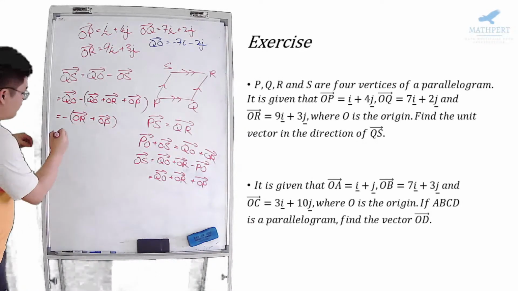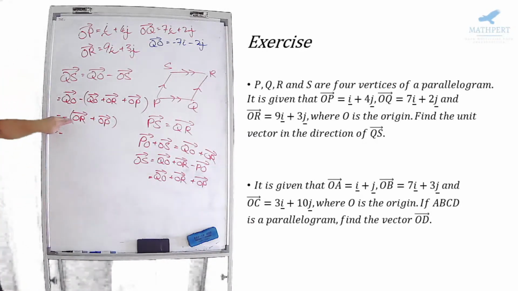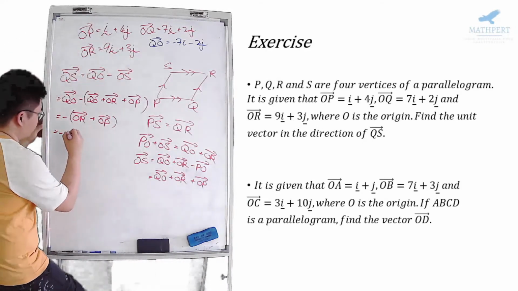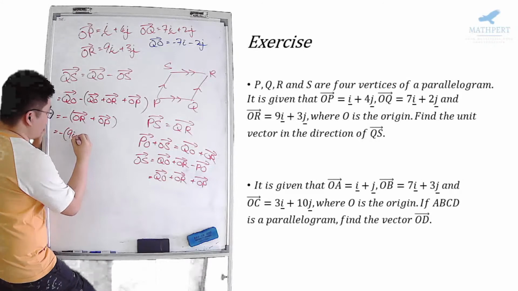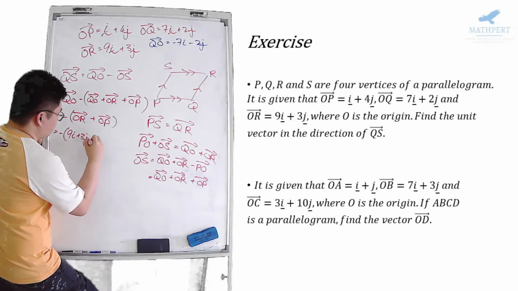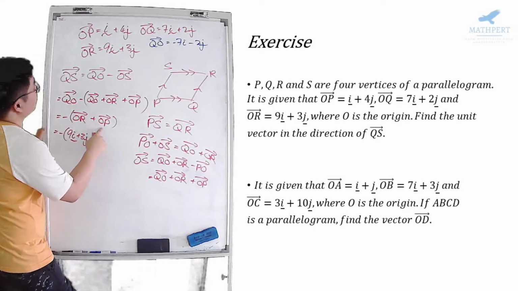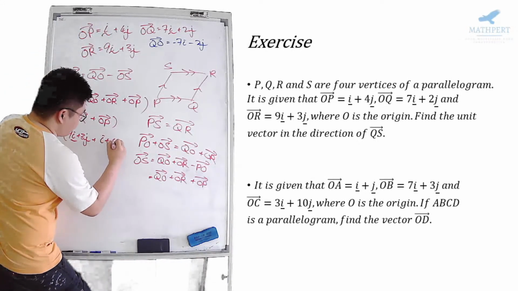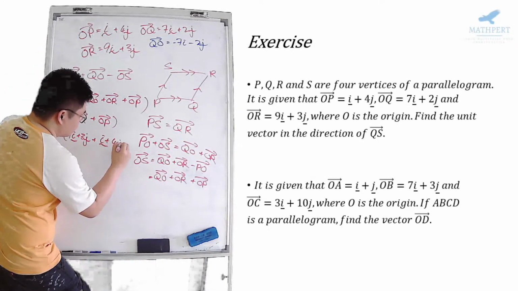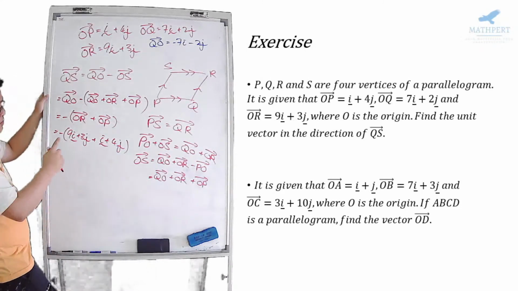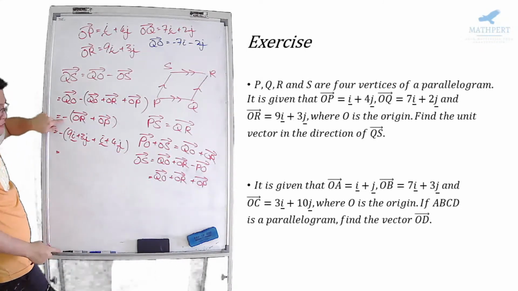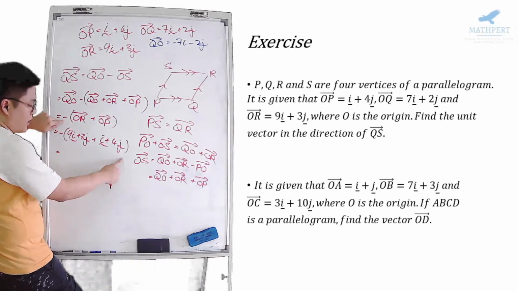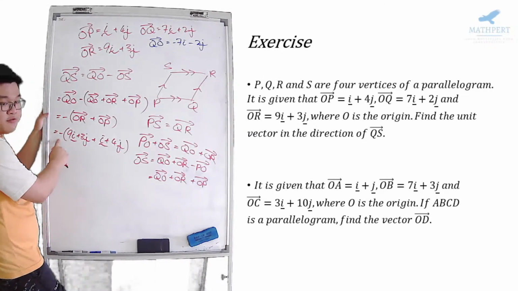OR is 9i plus 3j, plus OP, which is i plus 4j. Always remember to bracket because there is a negative over here. Once we calculate inside the bracket, then we multiply the negative into it.